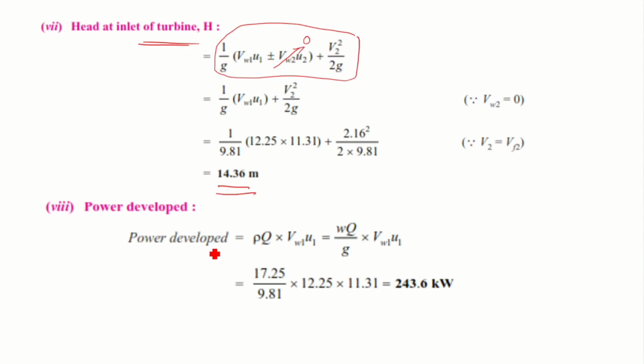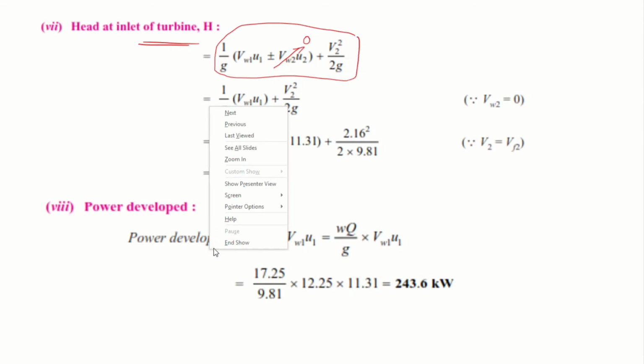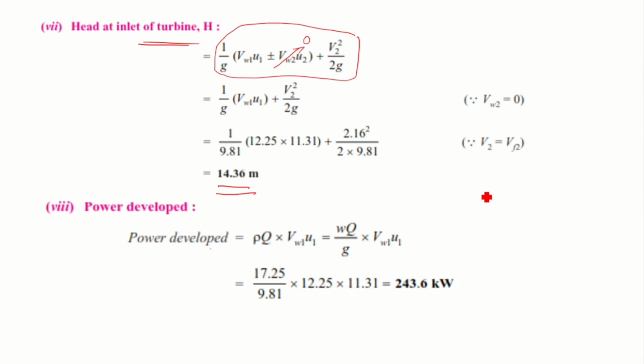Next, power developed. The equation for the power developed is equal to the work done per second. Work done per second is equal to WQ by G into VW1. If you want to refer to these values, you can view my previous videos. This is the equation for the power developed.